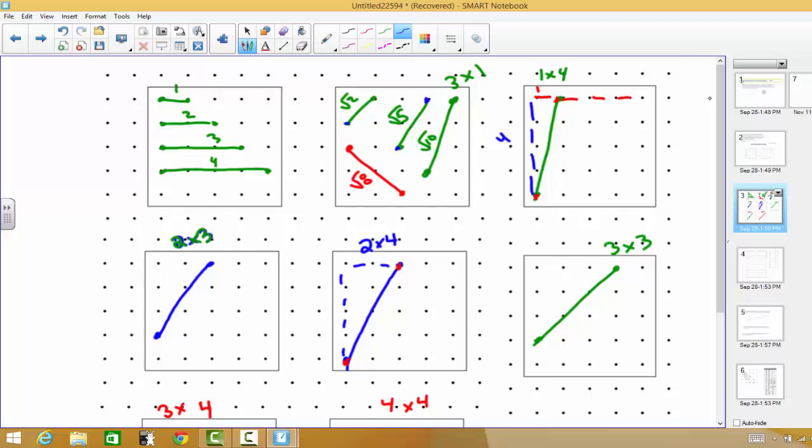Whoa, this is not the right color. So this is going to be a 4 by 1. And then you're going to put your dot and draw your line. So you see how this outer business is a 4 and a 1.